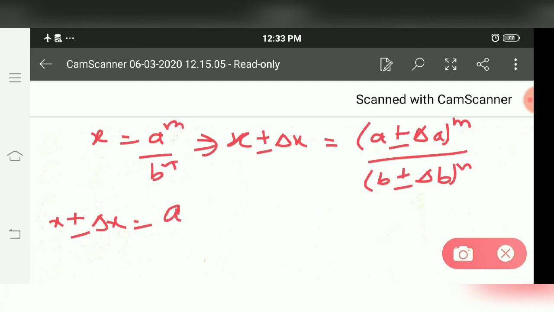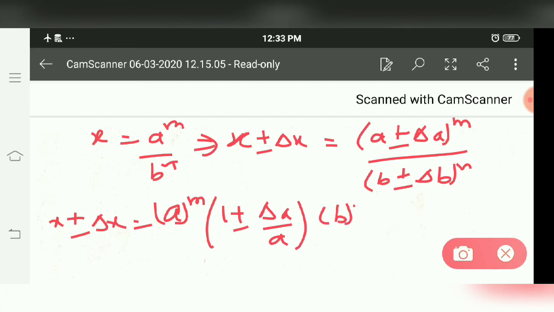Taking a common, we get a raised to power m, 1 plus minus delta a upon a. Similarly, taking b common with negative power, 1 plus minus delta b upon b raised to power minus n.